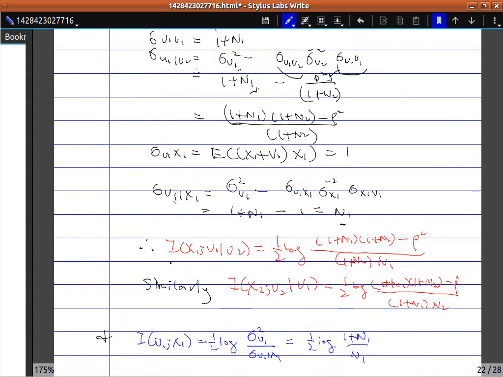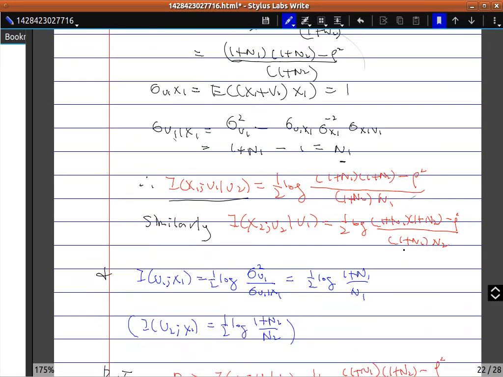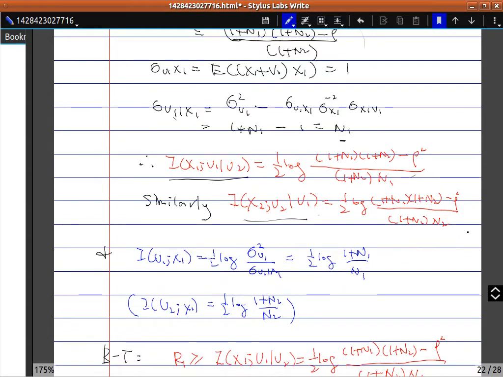Then finally, we can find the conditional mutual information is equal to 1/2 log this over that, this thing over this thing here. So therefore, it's equal to this. And similarly, we can find the other, I(X2; U2 | U1), is equal to that. And both of them depend on m1 and m2 basically.